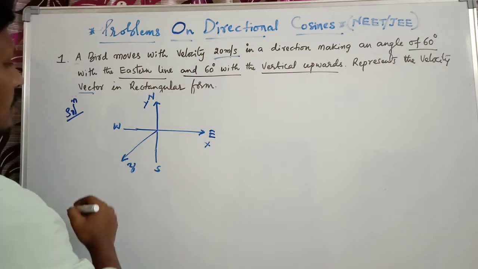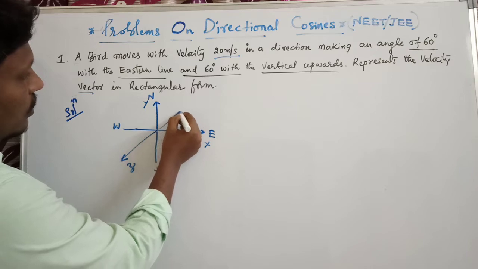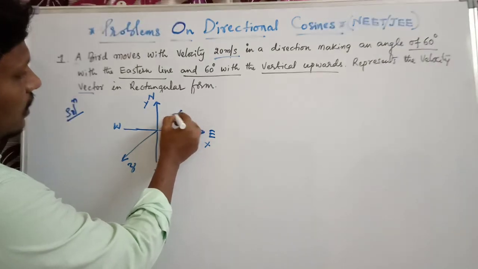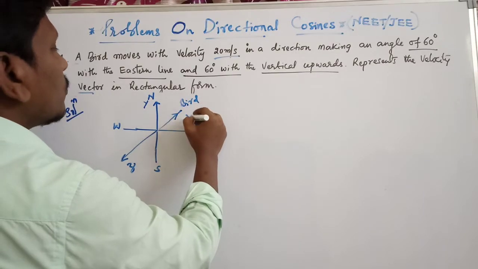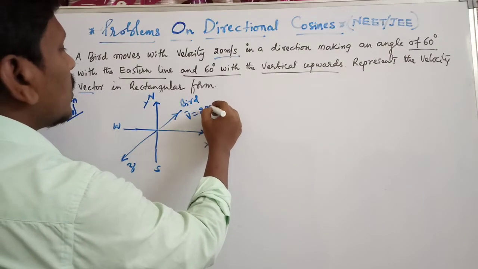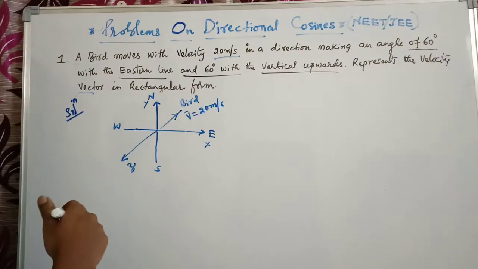Now the bird is moving in this way. So this is the velocity of the bird, v bar equals 20 meter per second.